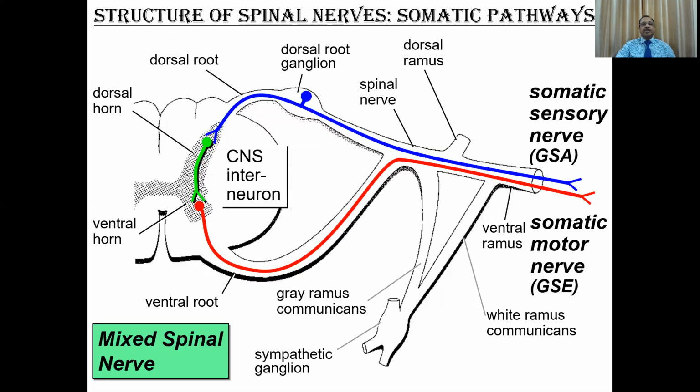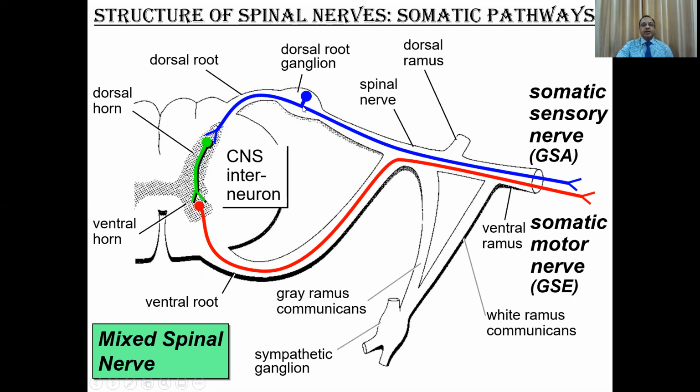Now this is a picture to show you how a spinal nerve of a somatic pathway is made. Now here is the dorsal root. The cell body is the dorsal root ganglion.